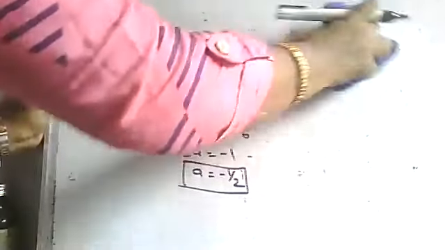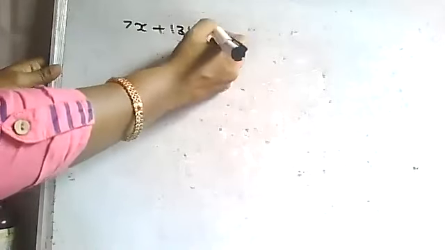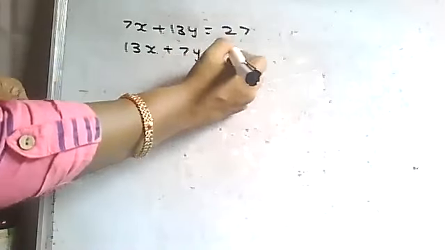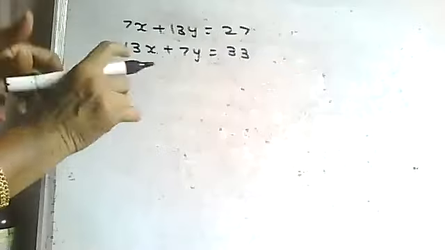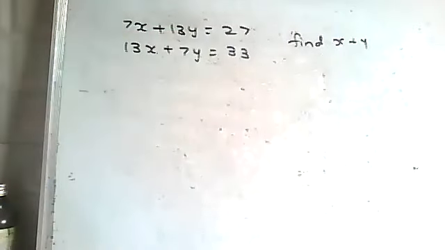Next type, one more very important type. They may give you 7x plus 13y is equal to 27 and 13x plus 7y is equal to, suppose, 33, and they will ask you to find x plus y. Students, you don't have to solve this completely to get individual values of x and y.